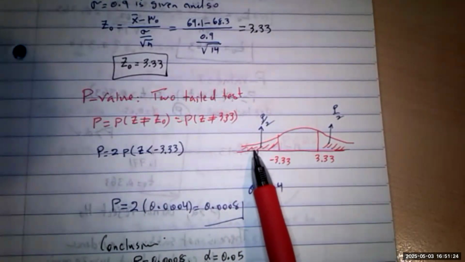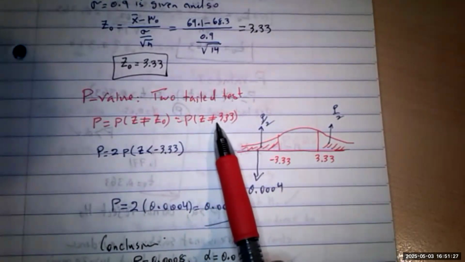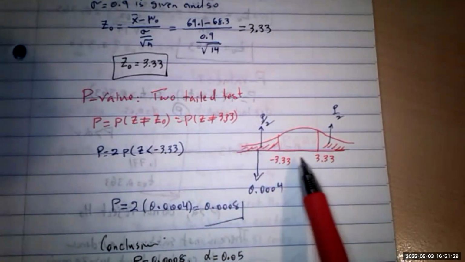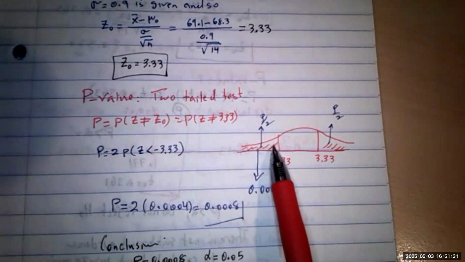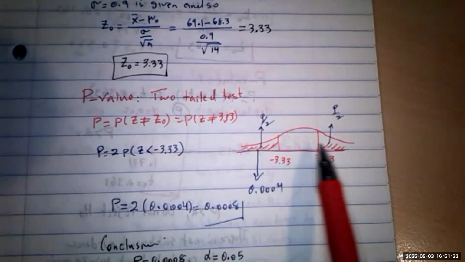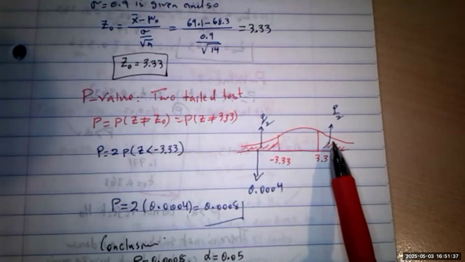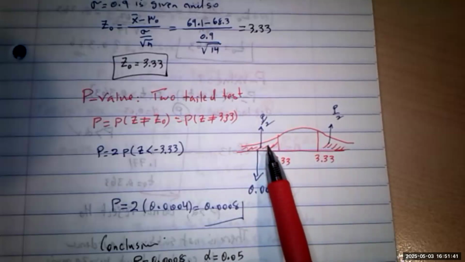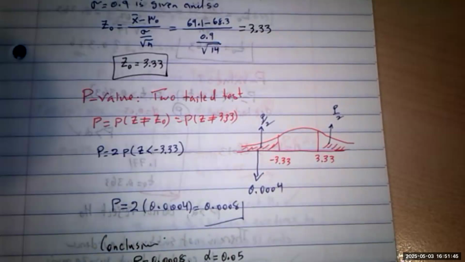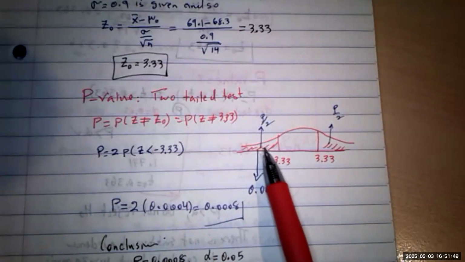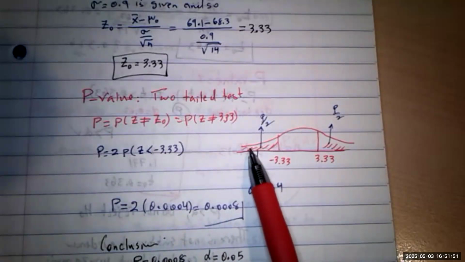Because your value is going to be not equal to these two, the p-value would be this part and this part. They are symmetric. So this is going to be half of the p-value, and this is going to be the other half of the p-value. You have to find them and add them together. Now, we have two choices. We can find one of these and multiply by 2.